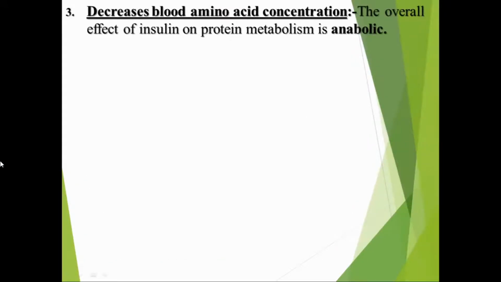Then the third important action of insulin is to decrease blood amino acid concentration. We have seen its action on glucose, and its action on fatty acids and keto acids. Now amino acid concentration. The effect of insulin on protein metabolism is anabolic.